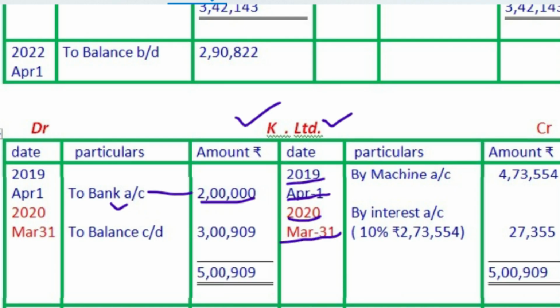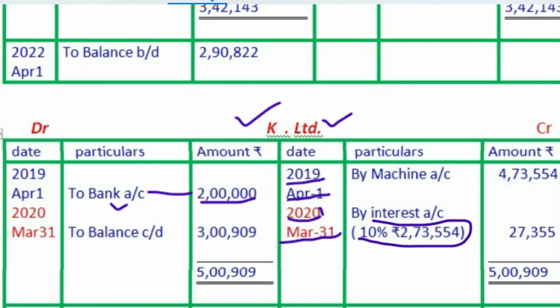So the financial year ends on 31st March 2020, and at the end of the first year the hire vendor charges interest at the rate of 10%, and the interest amount will be calculated on the balance amount outstanding. That is 4,73,554 minus 2 lakh, then 2,73,554.